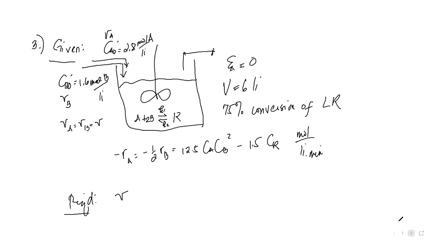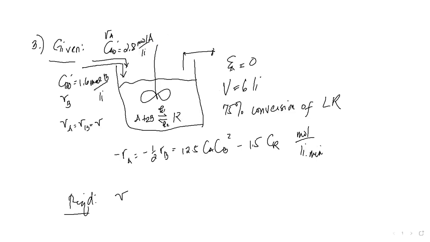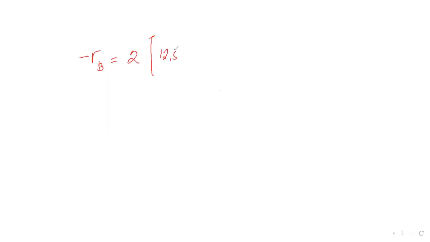So let me just go to the next sheet. So for the rate in terms of B, that would be twice of the given values for the rate constant. So you have 12.5 and 1.5. So this is 12.5 CA CB squared minus 1.5 CR.